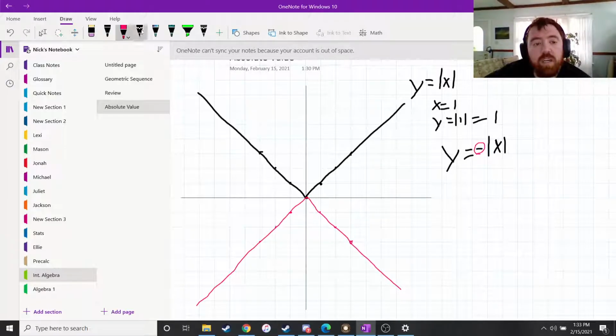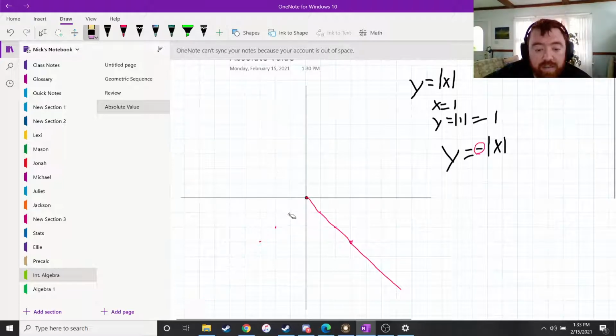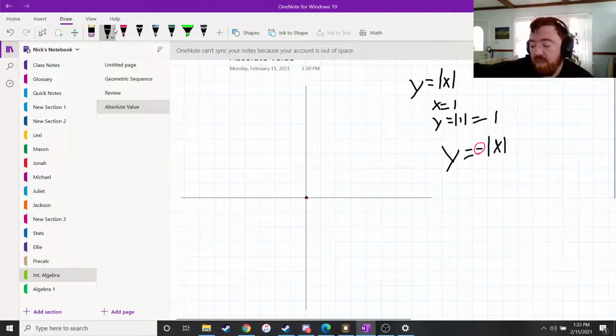Now we're going to talk about ways that we can shift our absolute value graph. If we wanted to move our absolute value graph, what do we do?